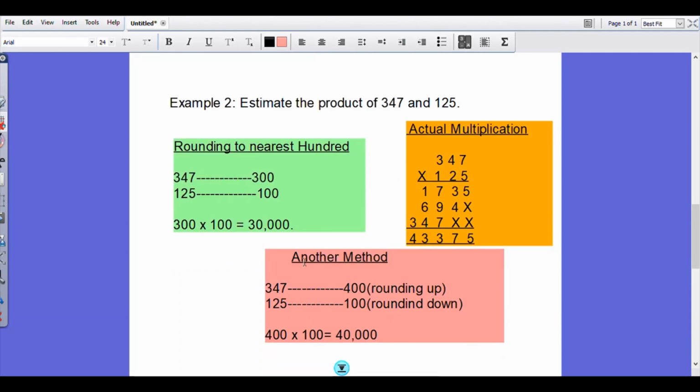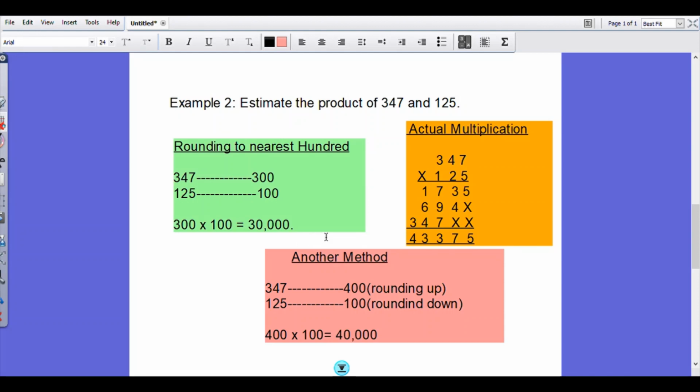Now see students, the actual multiplication of 347 and 125 is 43,375. And rounding both to the nearest 100, if you multiply, gives 30,000. There is a much bigger difference between 43,375 and 30,000, near about 13,375.